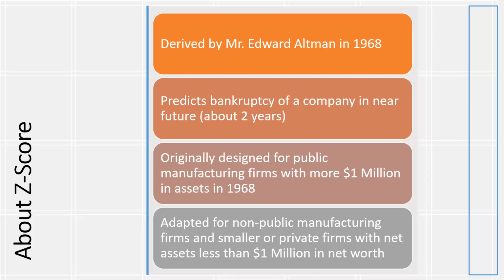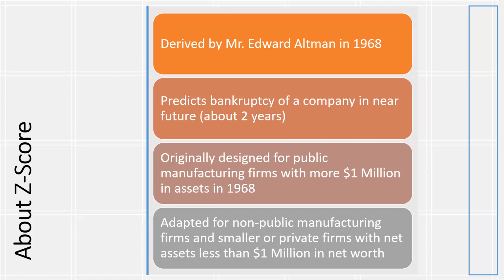So it was derived by Edward Altman in 1968. It's almost 5 decades now. He created one formula which is used to predict the bankruptcy of a company in the near future, around 2 years.